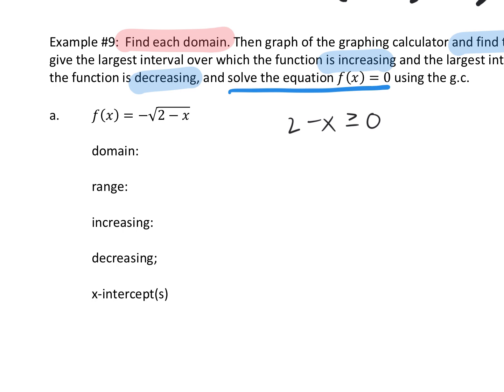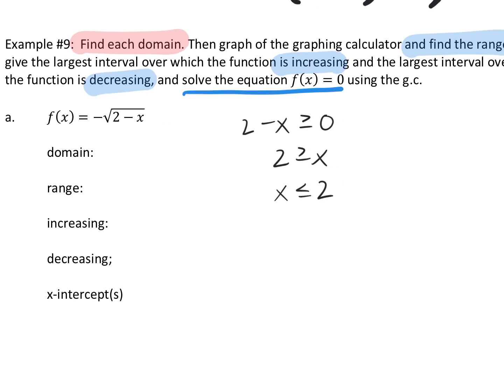So I'm going to add that x over. I get 2 greater than or equal to x, or I like to have my variable on the left side, so I get x less than or equal to 2. In terms of domain, if you think about a number line at 2, it's everything to the left. So our domain would be from negative infinity to 2.